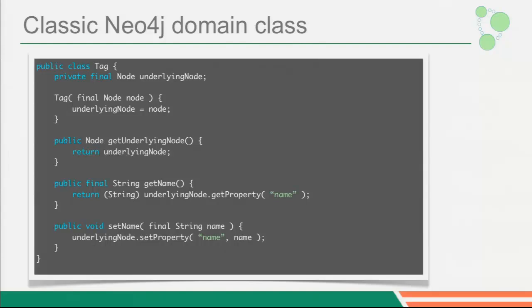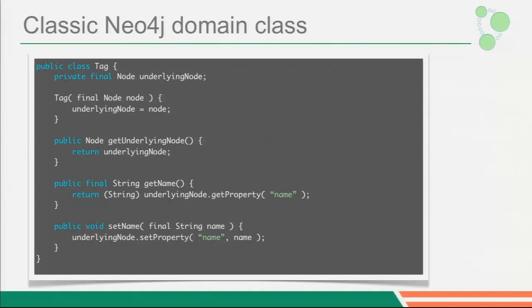This is one of the examples of Emil's old school entity model, which just stores a node in the entities, possibly in a superclass, of course. You pass a node into an entity, and every getter and setter is just redirected to that underlying node.